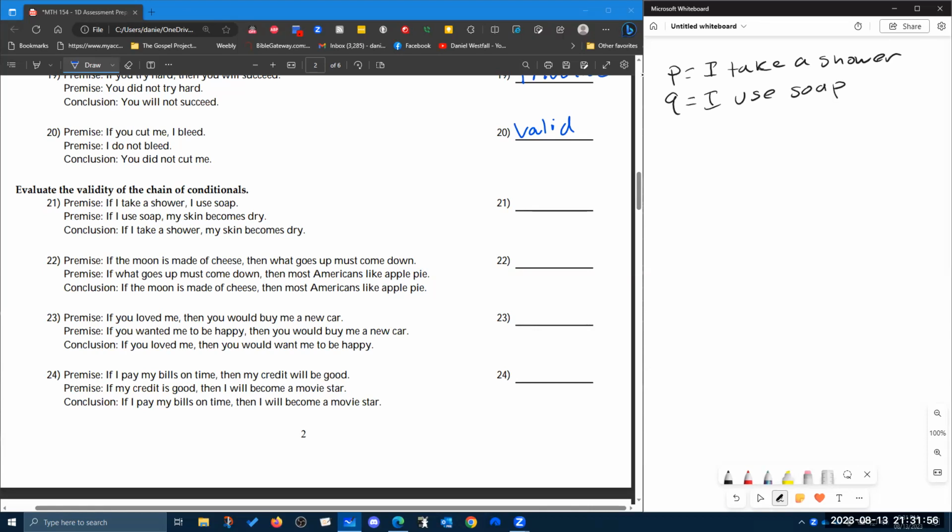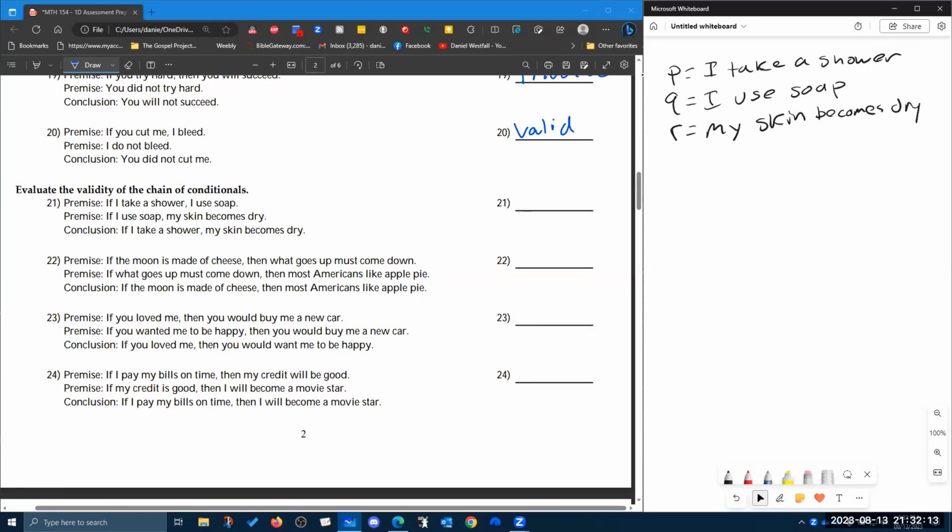And it says if I use soap, which I already have that defined, my skin becomes dry.